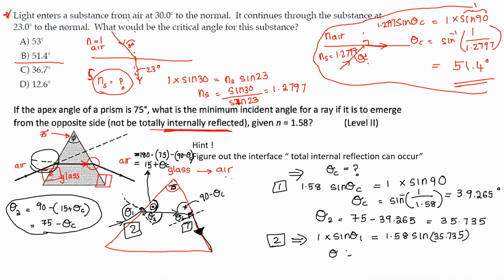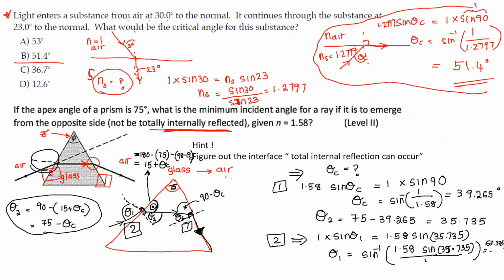So theta 1 will be sine inverse of 1.58 times sine 35.735, divided by 1. When you do this, you get the answer 67.335.